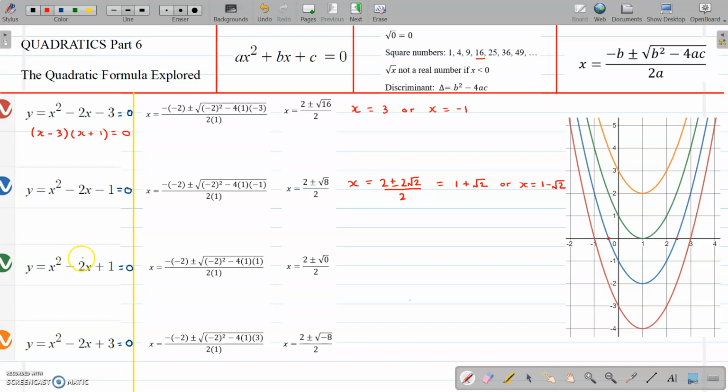Now the third one is interesting because this has a discriminant of 0.